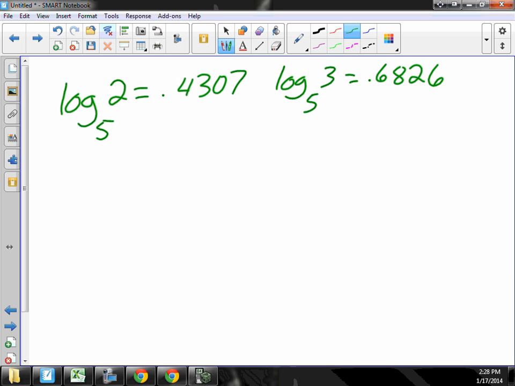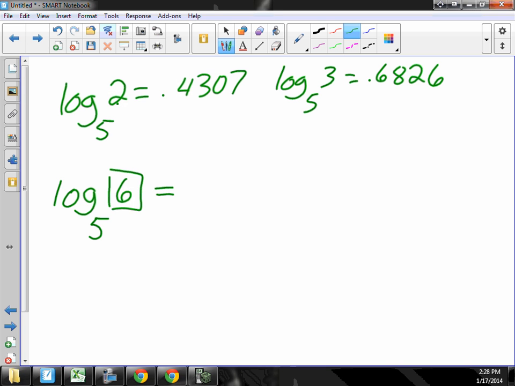So it says, if you know only those 2 values, well, that's not true, we know a third one, can you figure out, and I don't want to use any that they used, okay, can you figure out what the log base 5 of 6 equals? Well, can I create a 6 using a 2 and a 3?